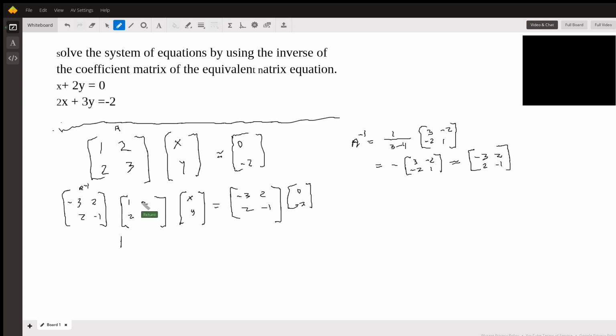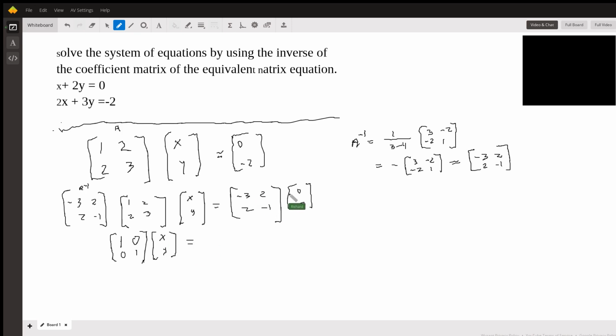So -3 times 2 is -6 plus 6 is 0. 2 times 1 is 2, minus 2 is 0. And then 2 times 2 is 4, minus 3 is 1. So there you are, the identity matrix times x, y. I think I called it a unit matrix. I apologize for that. It's called the identity matrix.